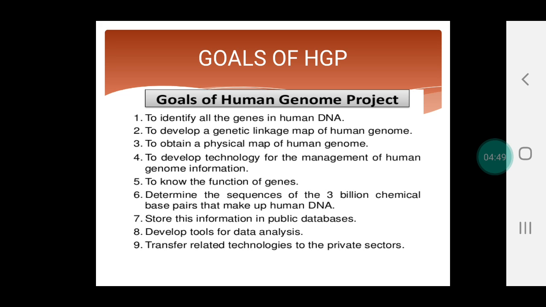Then to determine the sequence of the 3 billion chemical base pairs that make up human DNA. So the human genome consists of 3 billion base pairs, and to store this information in public databases, then to develop tools for data analysis and transfer related technologies to private sectors.